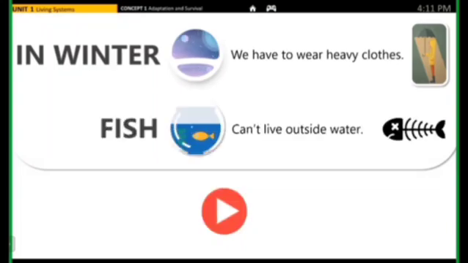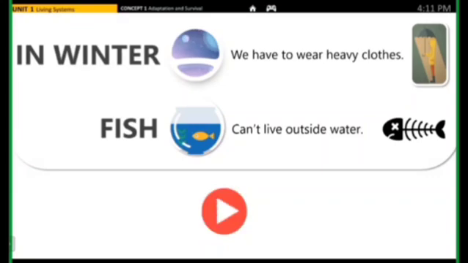We talk about how in winter we have to wear heavy clothes, and in summer we have to wear light clothes. Fish can't live outside water. All these things help us to understand how living organisms like humans, animals, and plants survive in different places.